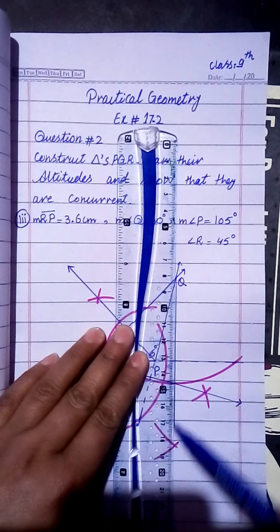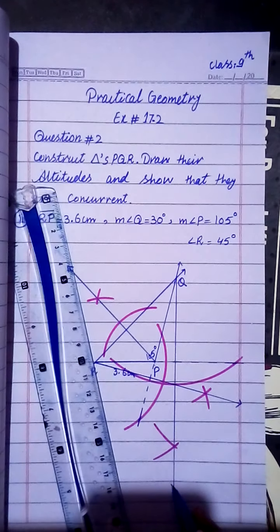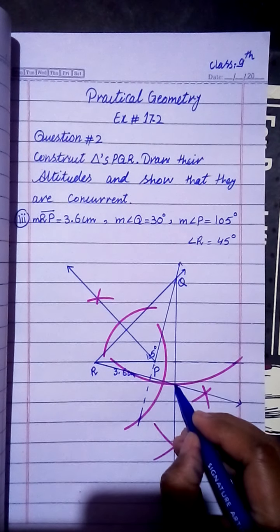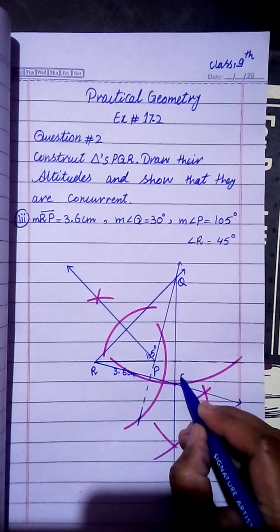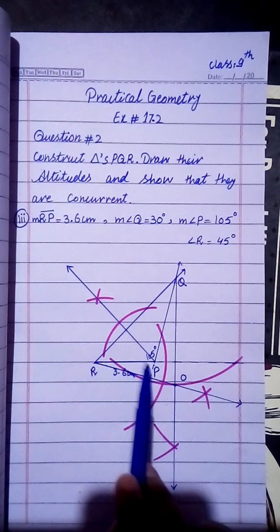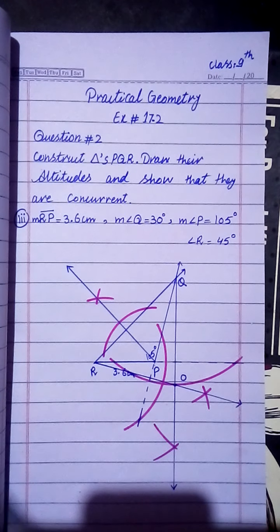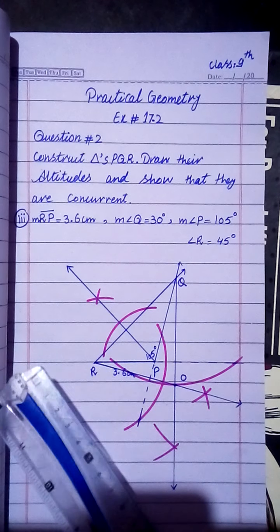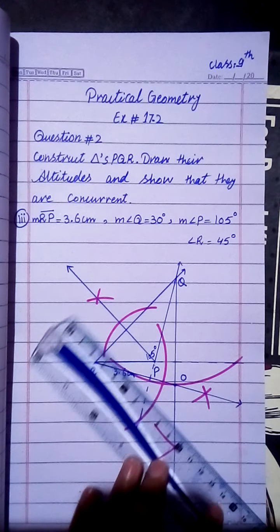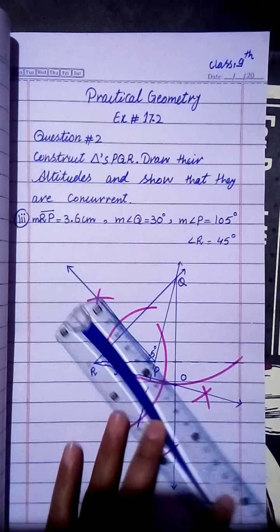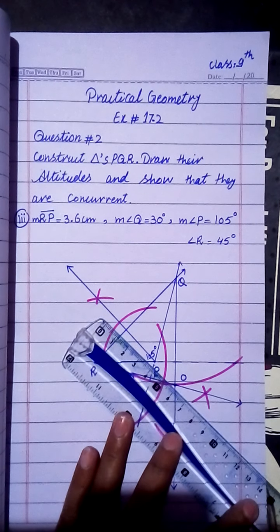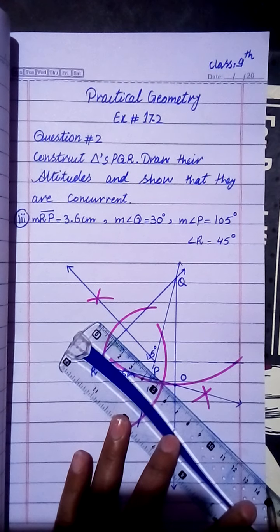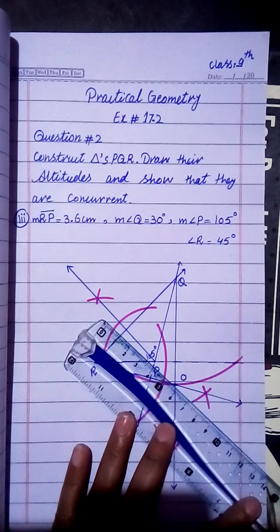Now like this. Check that two altitudes meet at the same point named O. Now the third altitude is small, so you have to extend it. I will use here a green marker.